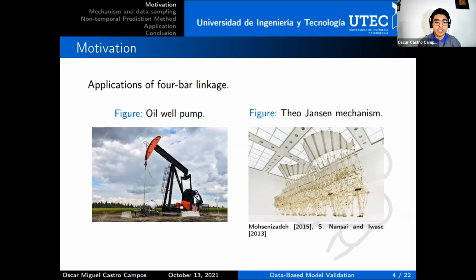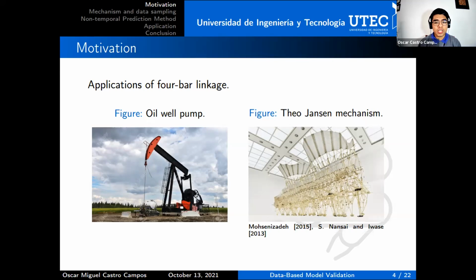In this presentation, we are interested in studying a new method to get a more reliable model, closer to reality. For this reason, we decided to use a data-based method instead of just the kinematic and kinetic equations. Because there are many factors why the analytical position differs from the real position of the four-bar mechanism.